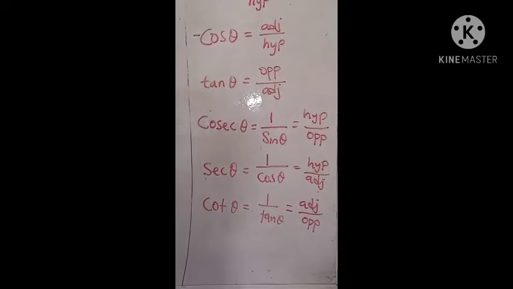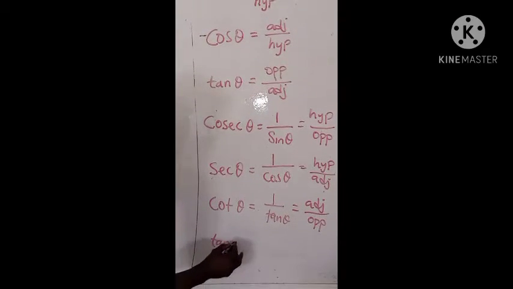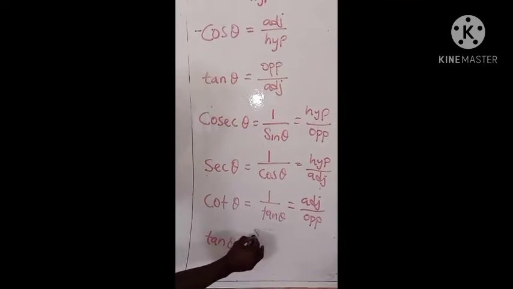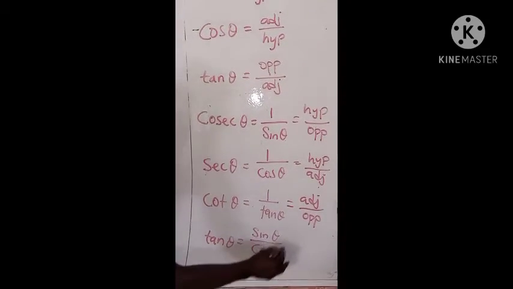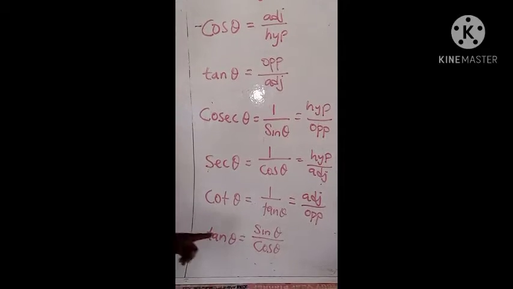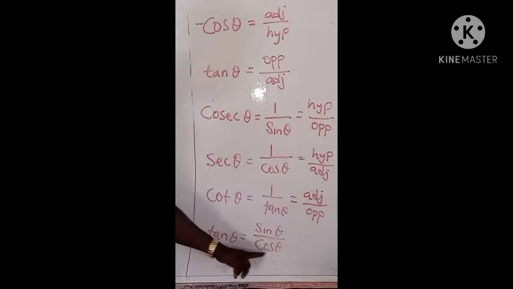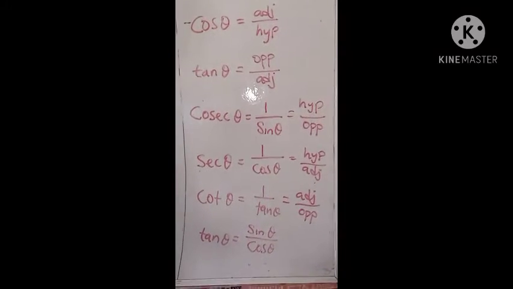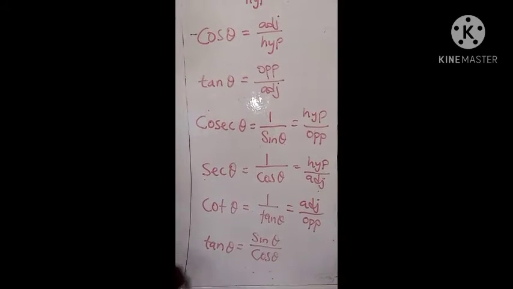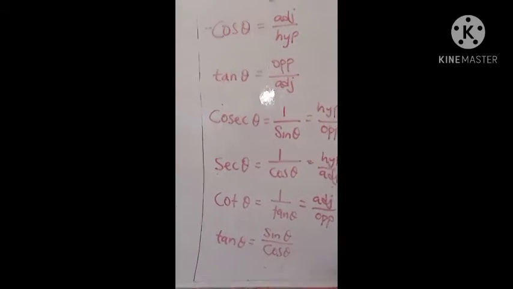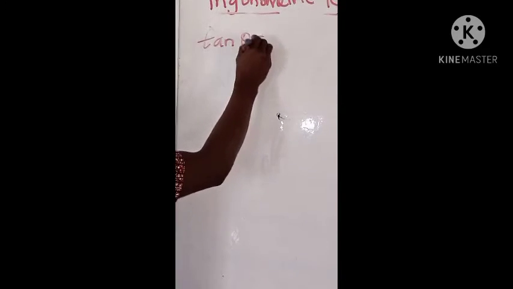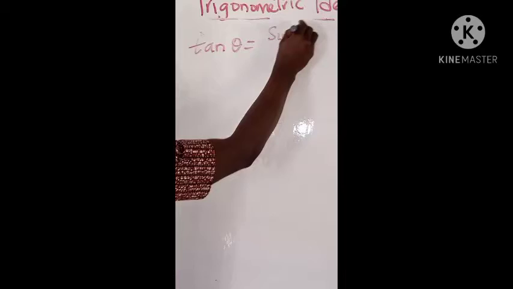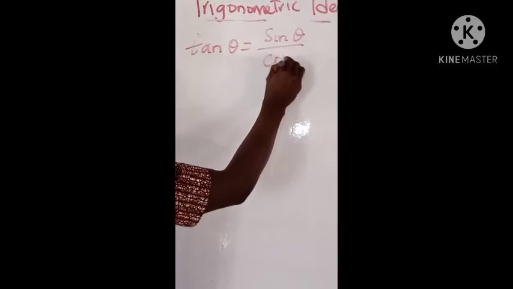Also very important is to know that tan theta is sine theta over cos theta. So whenever you divide sine theta by cos theta, the value you're going to get is tan theta.